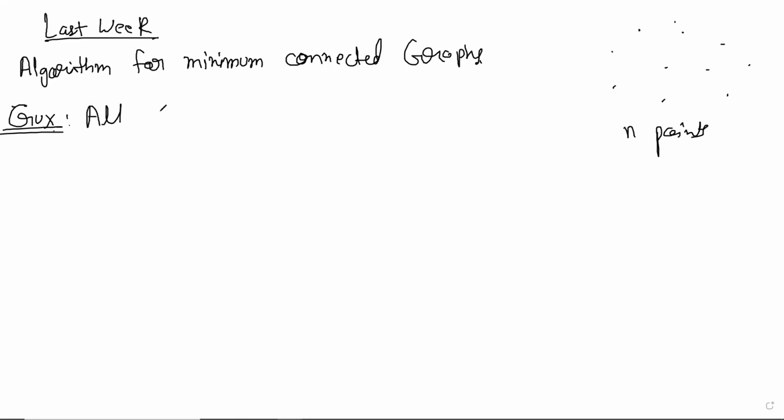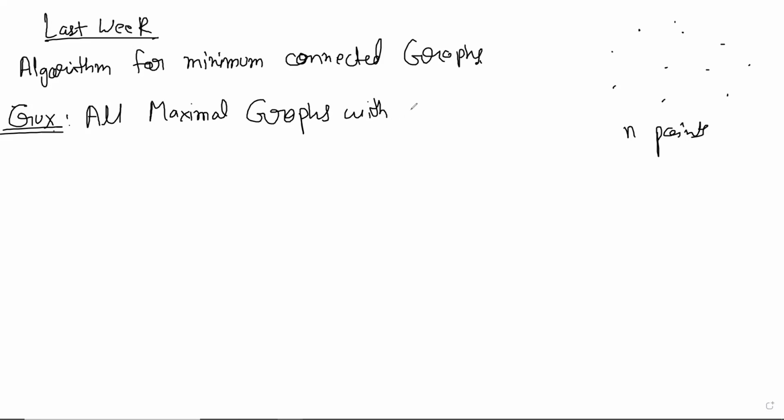all maximal graphs with no cycles, because this was the form in which we were finding our result. We were not trying to find a minimum directly. We were trying to find a maximum of something, right? And we did that by finding maximal graphs with no cycle.